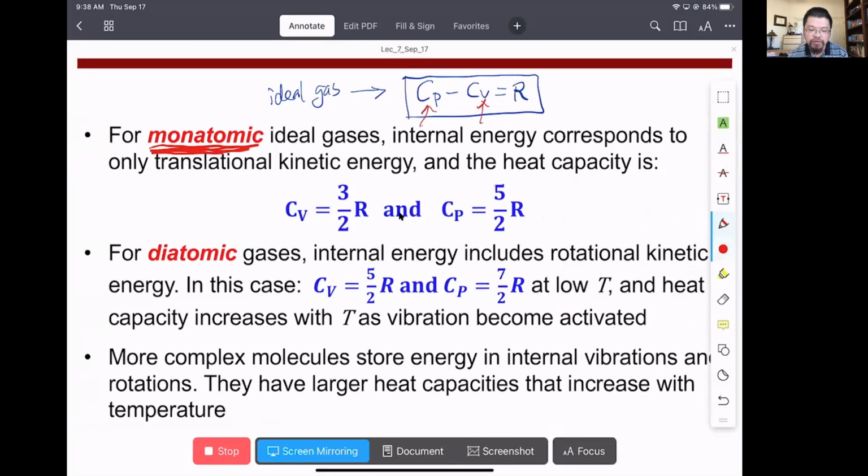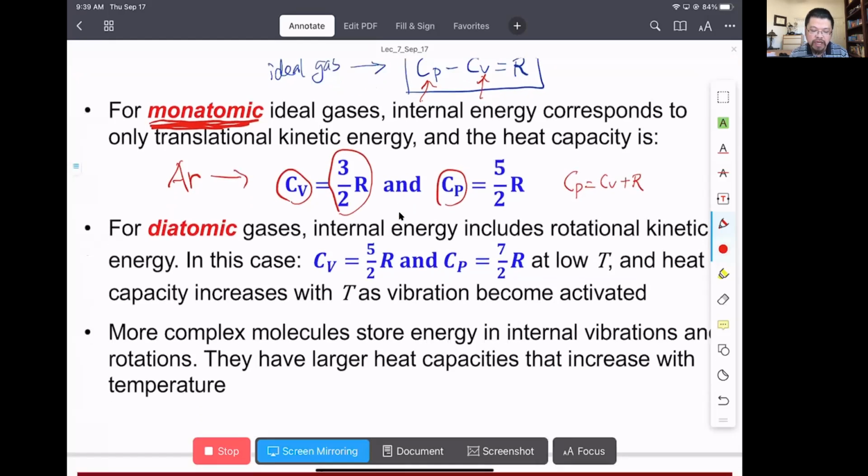For a monatomic ideal gas, say argon, the Cv value would be 1.5 R, and Cp is, of course, always Cv plus R for an ideal gas.